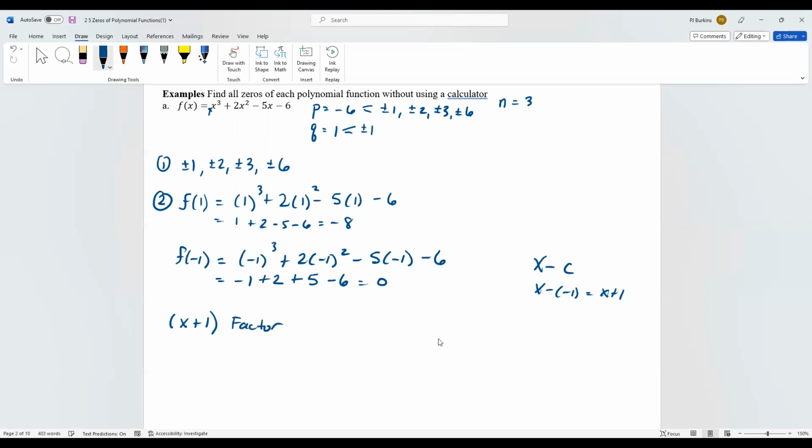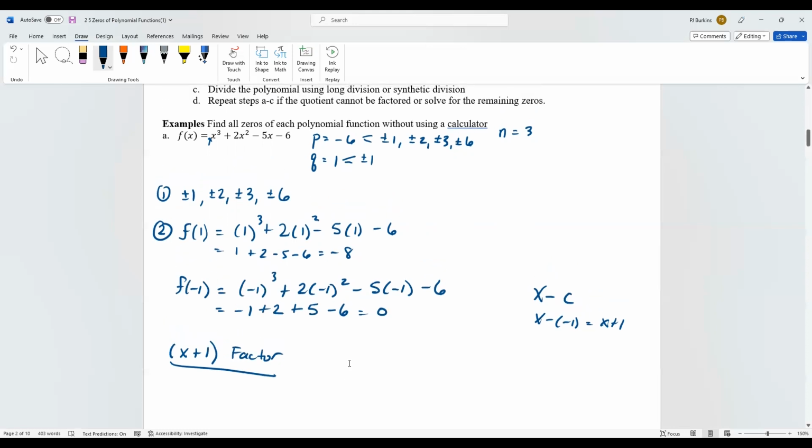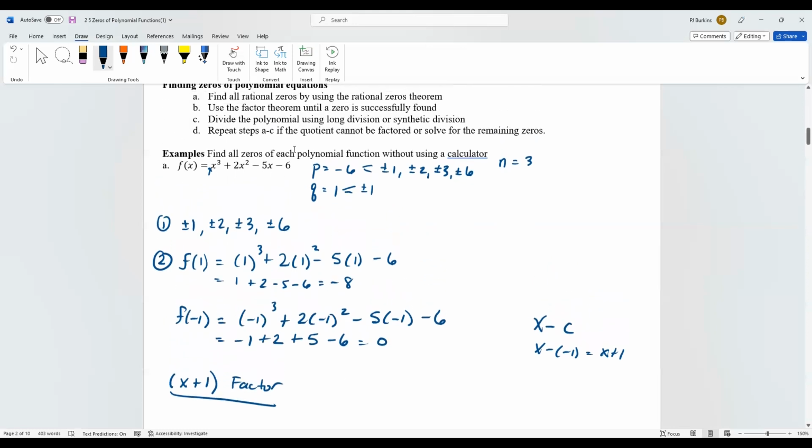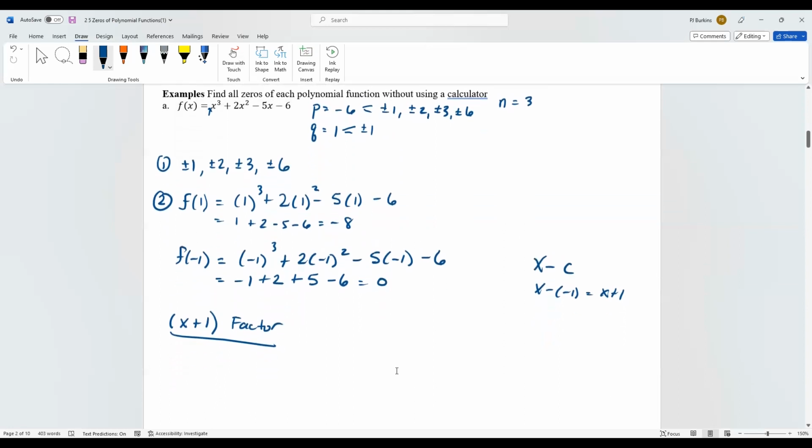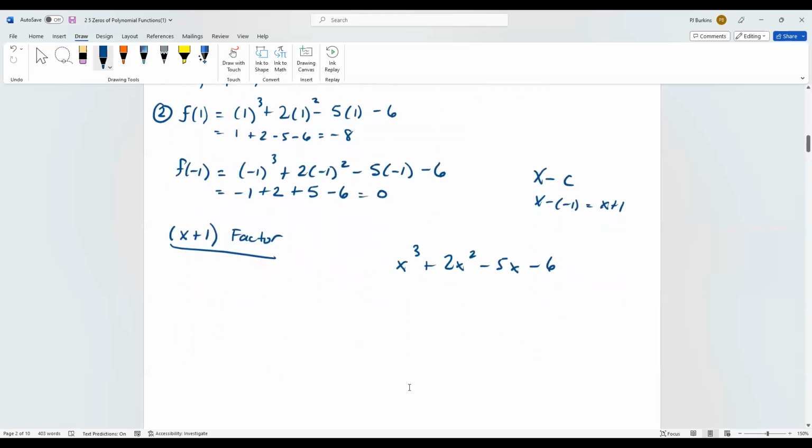So now we need to take that and use our synthetic division or long division into the original polynomial. So let me grab the polynomial here, x cubed plus 2x squared minus 5x minus 6.